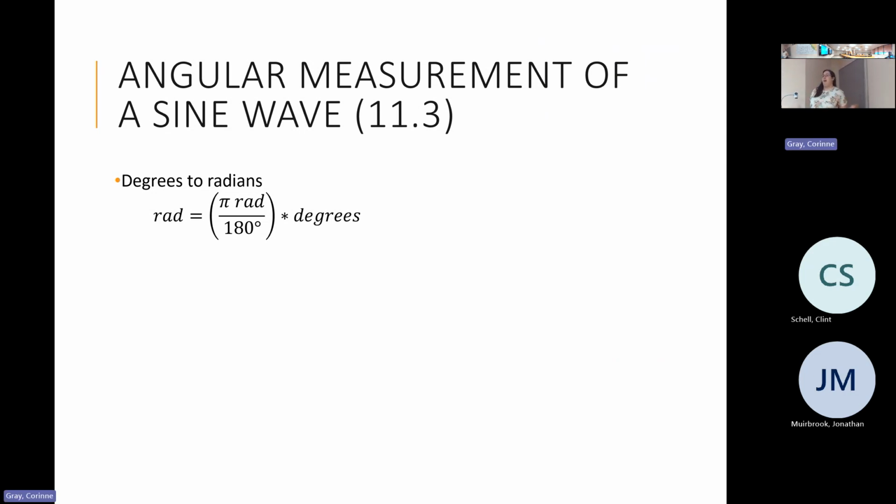We're going to oscillate back and forth between degrees and radians. When we use the sine function, that's going to be in radians. And when we talk about phasors, which we'll introduce on Monday and then talk about more as we get into our RL and RC circuits, those are mostly in degrees. So we'll be flipping back and forth as we go.